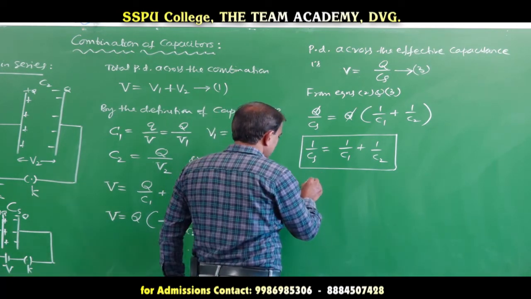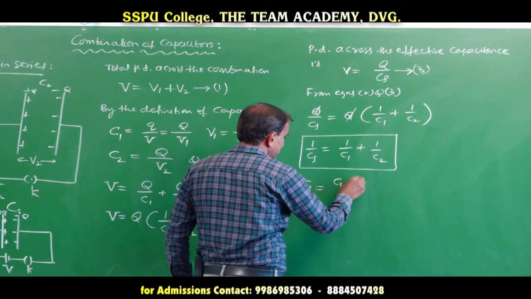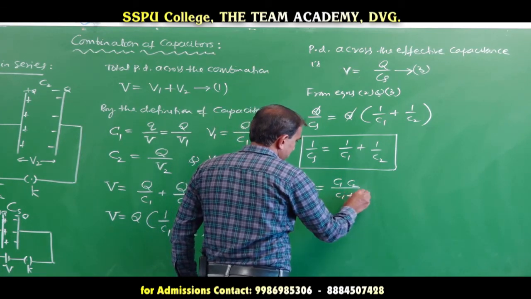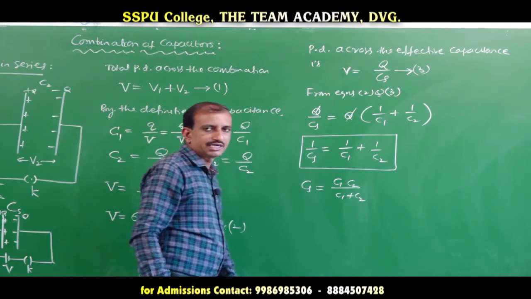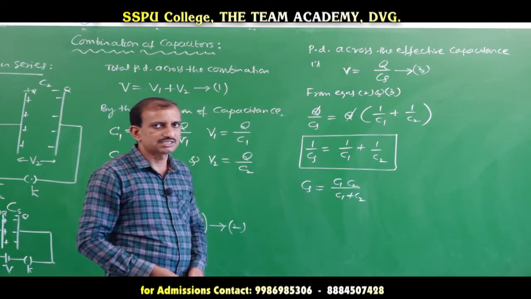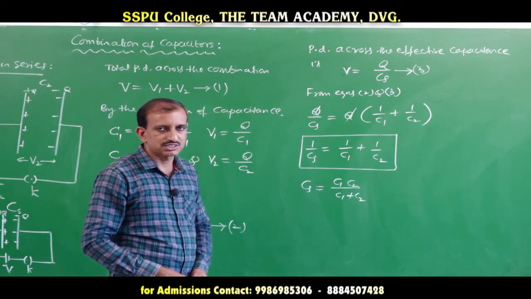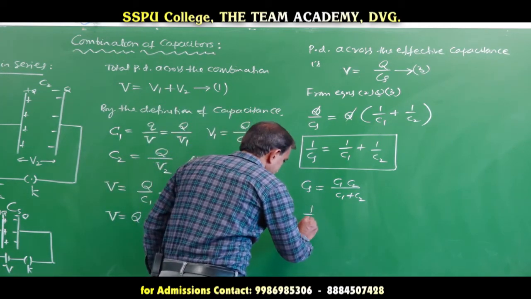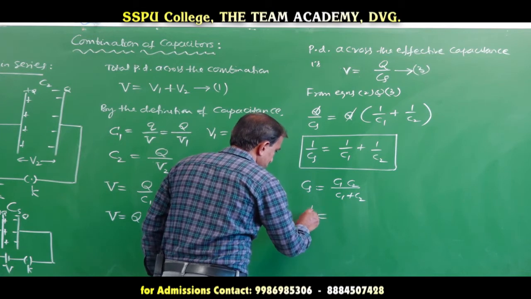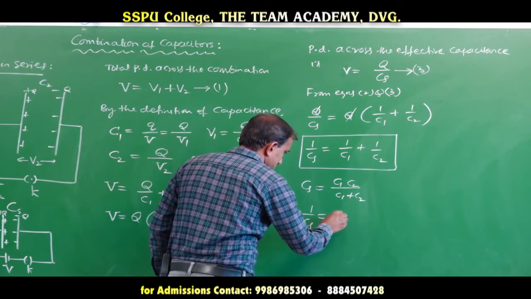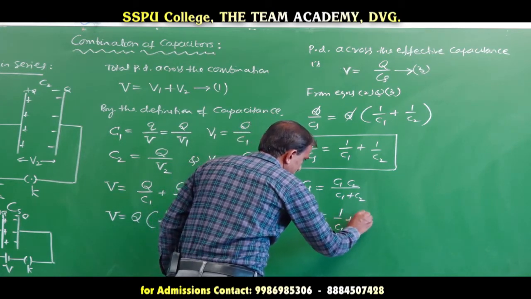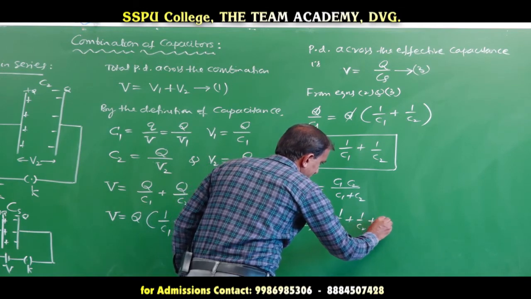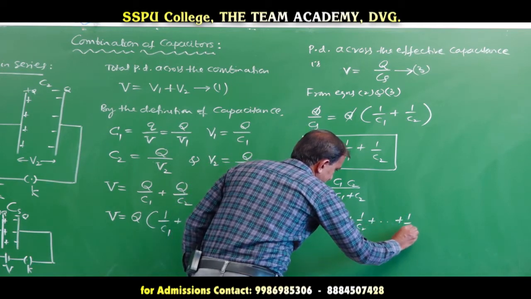This equation can be written as Cs equal to C1 C2 by C1 plus C2. If there are n capacitors connected in series, then 1 by Cs equal to 1 by C1 plus 1 by C2 plus and so on plus 1 by Cn.